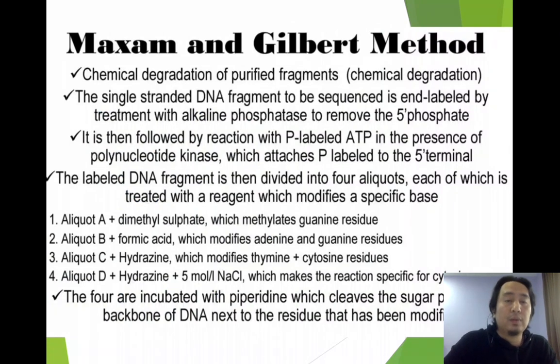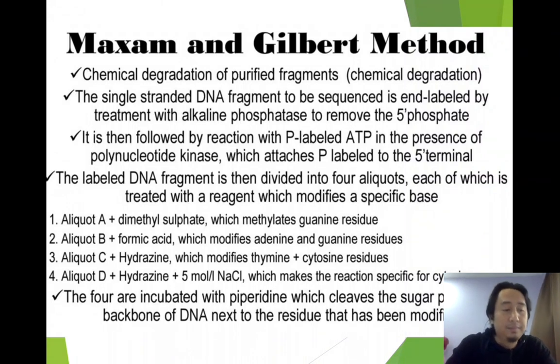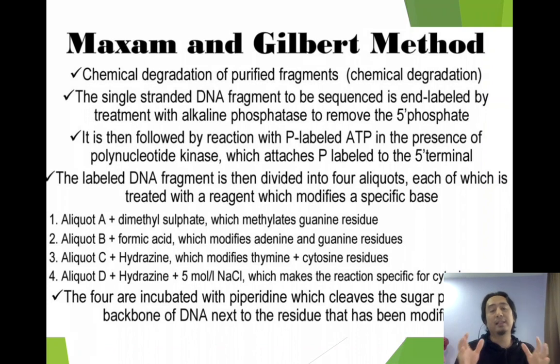So the Maxam-Gilbert method is basically a chemical degradation of purified fragments. It relies on chemical modification. Imagine DNA sequencing is actually a mimic of DNA replication, where you need DNA polymerase to read each nucleotide and make a new strand.